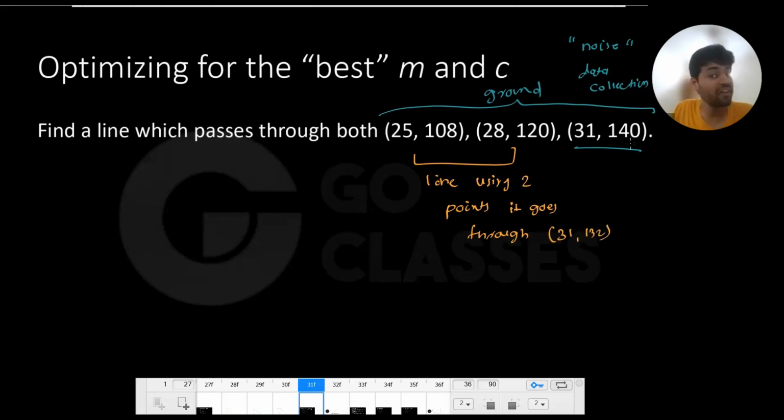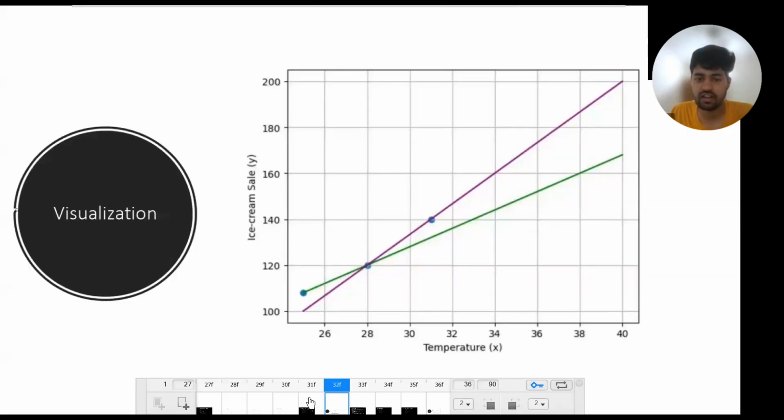But it does not go through 31, 140, right? So this point does not lie on the line. In some sense, the 3 points are not collinear now. Right? So this is something that we will see.